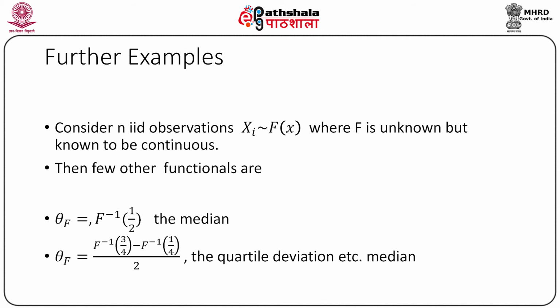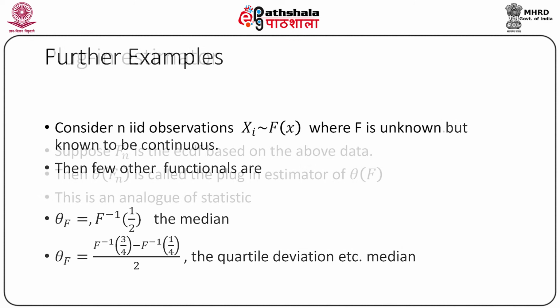Suppose xi are IID observations from an unknown distribution function f, where f is unknown but known to be continuous. Then f inverse of half, that is the median, where script f is the class of all absolutely continuous distribution functions, is also a nonlinear functional. If we consider the quartile deviation, then the functional will also be a nonlinear functional.